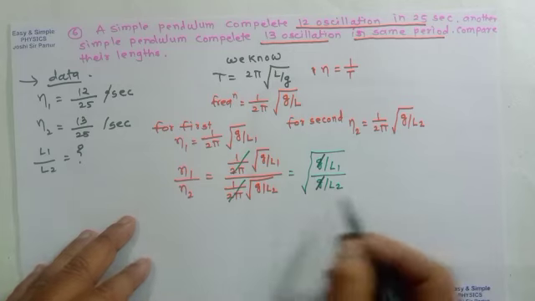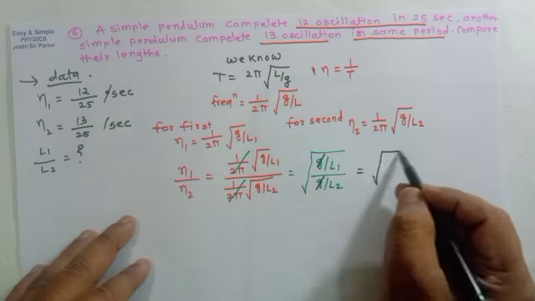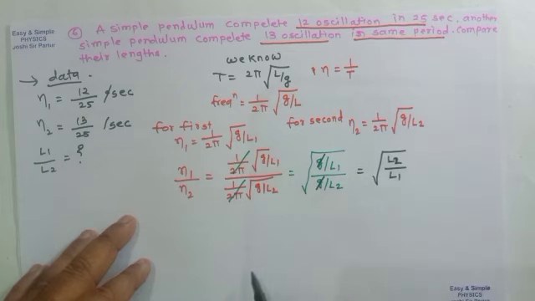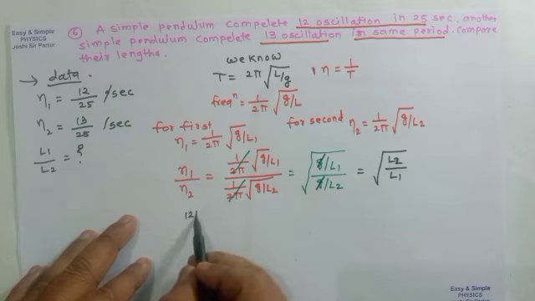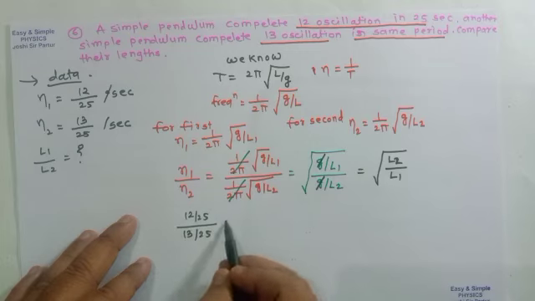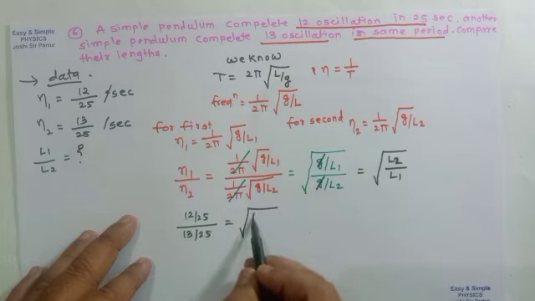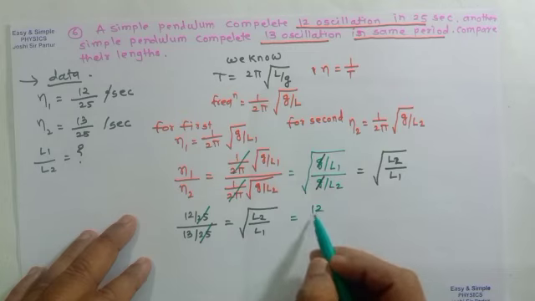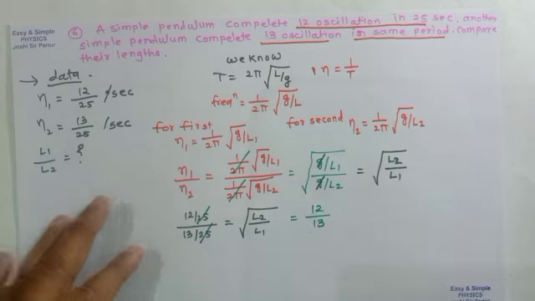So the formula will be square root of L2 upon L1. If we substitute the values, 12 divided by 25 upon 13 divided by 25 is equal to square root of L2 upon L1. So 25 gets cancelled, and here we have 12 upon 13.